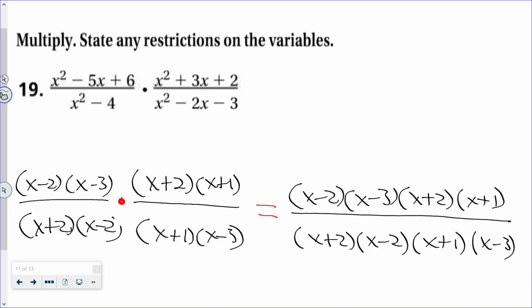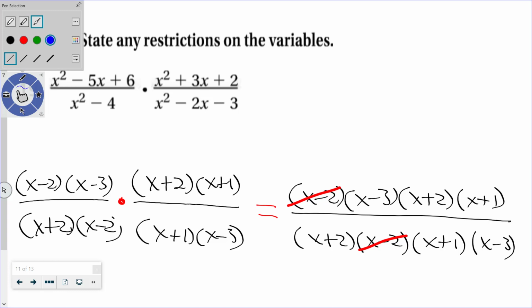Does anyone see anything we could cancel out? Everything. X minus 2 over here cancels out with that one over there. X plus 2 over here cancels out with that one over there. X minus 3 cancels out with that x minus 3.